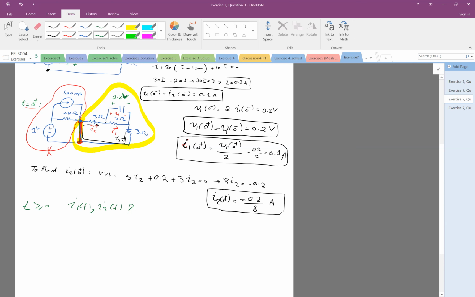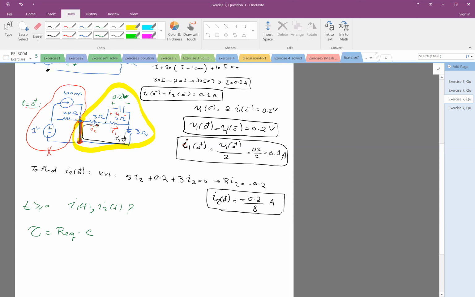So I only need to look at I1, for example, at 0 plus, or I2 at 0 plus, the initial condition, and I also need to know the time constant, which is R equivalent times C. So I need to find these.